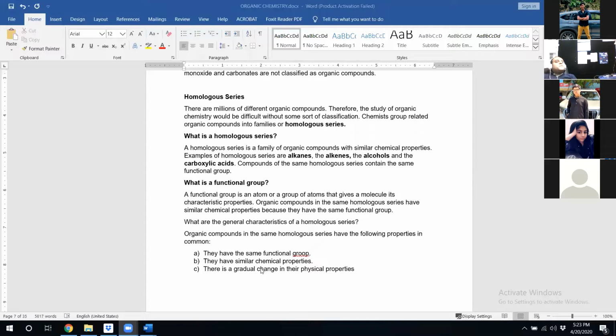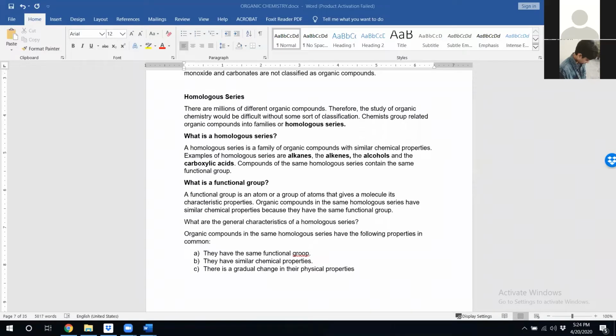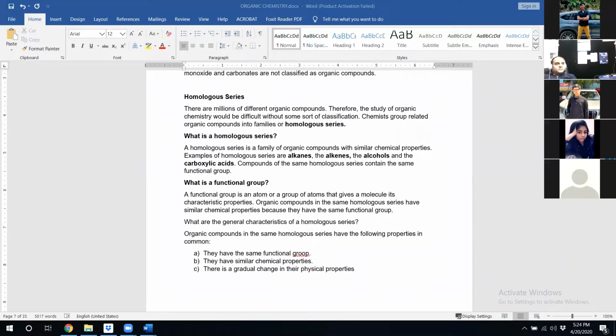What do chemical properties mean? Chemical properties are basically the way it reacts, and there's going to be a gradual change in their physical properties. Physical properties, we already studied, like melting and boiling point or density.